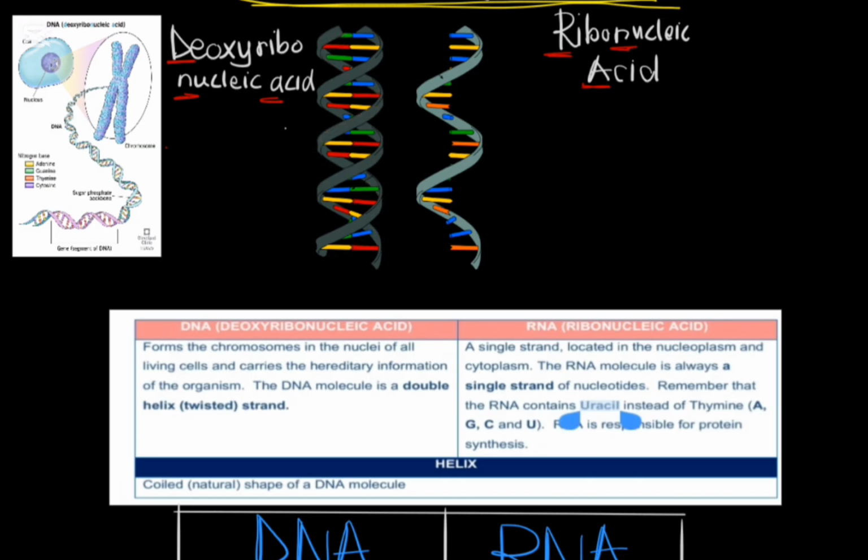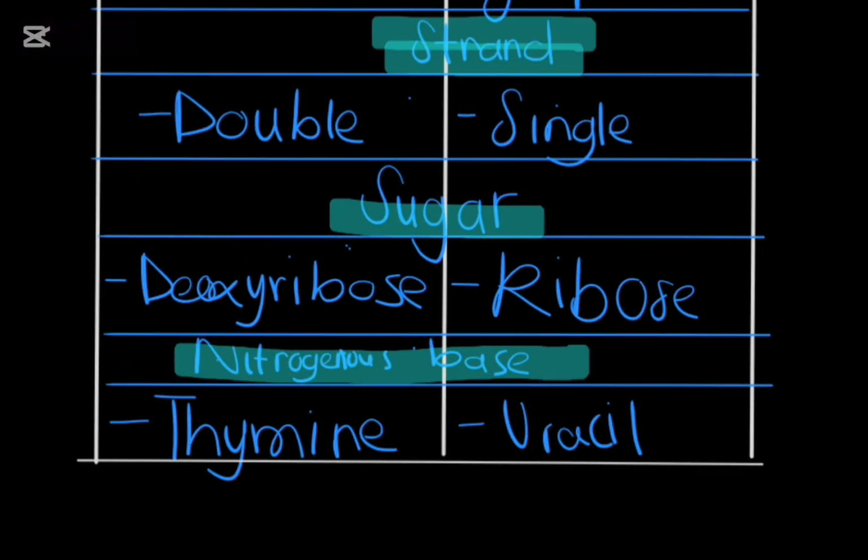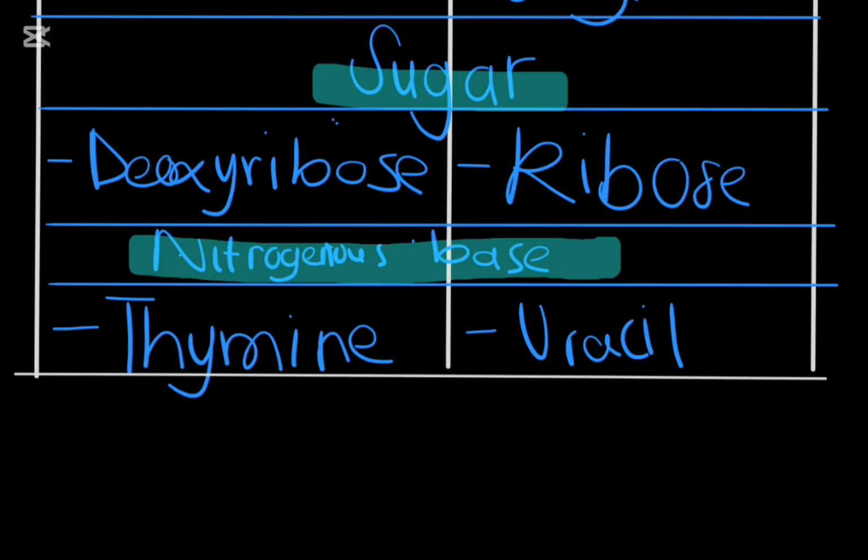So that is the double helix that they mean. And then here, sugars, we have deoxyribose in the DNA, the reason for the D, and then ribose in the RNA, the reason for the R.